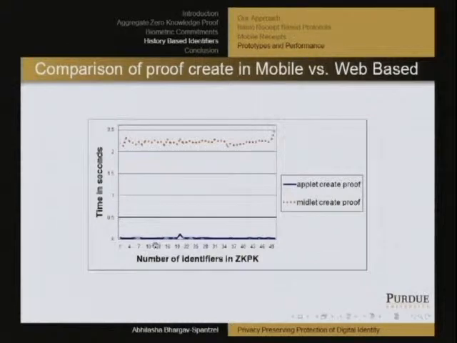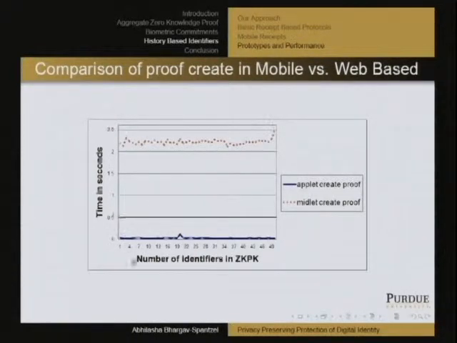Since we had a constant number of exponentiations, you can see that even as the number of identifiers we are proving increases, there is no significant change in the time it takes to construct these proofs. For the applet, it takes less than 0.1 second, almost on a constant basis, to create multiple proofs. In the case of midlets, it takes not more than 2.5 seconds to create such proofs.